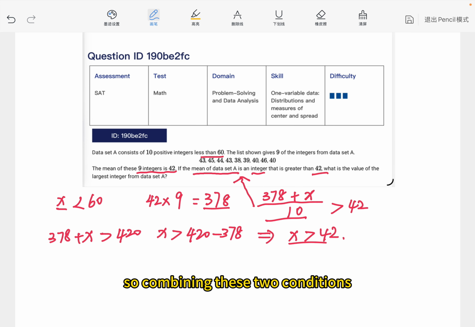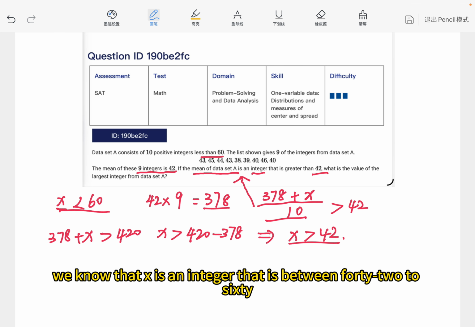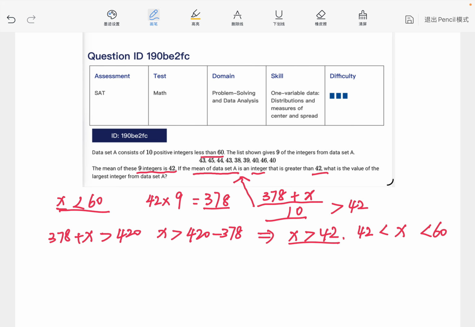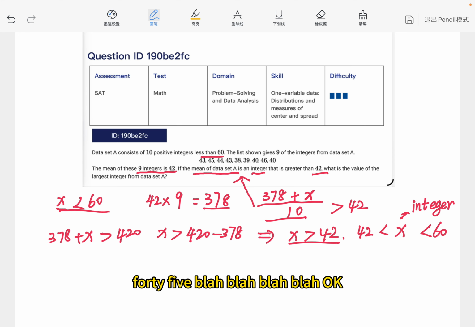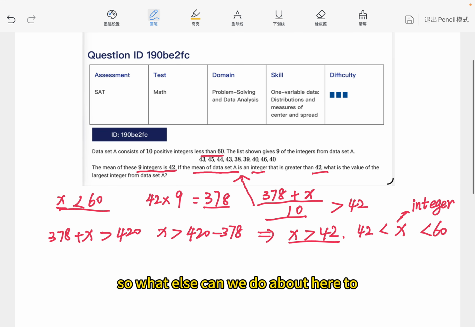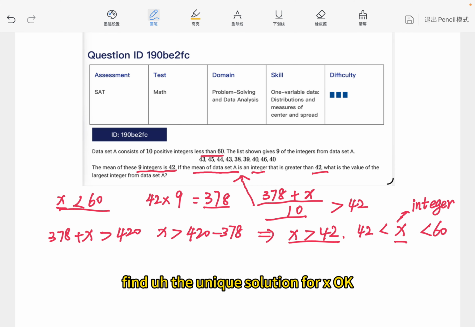Okay, so combining these two conditions, we know that x is an integer between 42 and 60. x is also an integer, so x could be maybe 43, 44, 45, and so on. So what else can we do to find the unique solution for x?